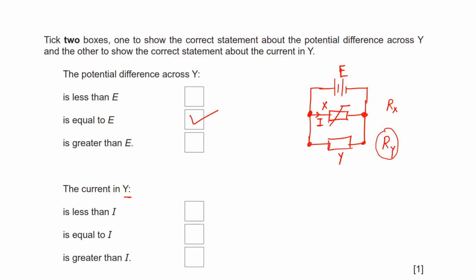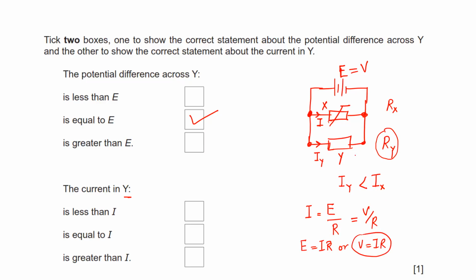So the value of current in Y will be less than the value of current flowing in X. Because current is equal to E divided by R, or Ohm's law, V equals IR.